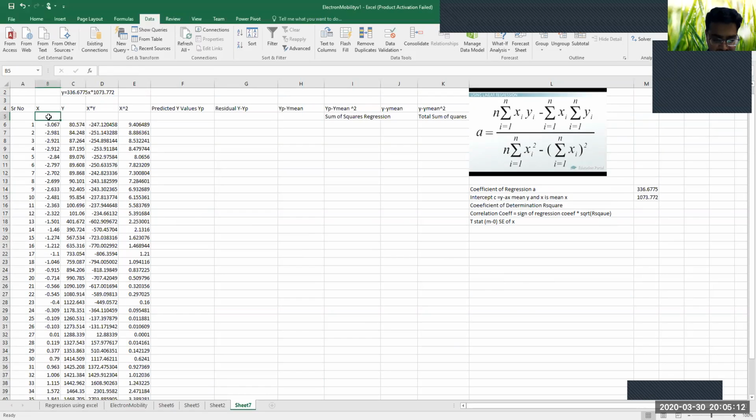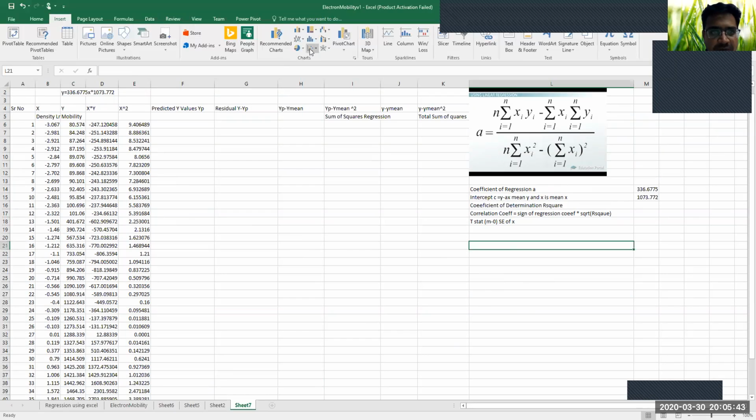Now we'll put the regression plot here, the first regression plot, which is an xy scatter plot of density versus mobility. So insert a chart. Insert a scatter plot from here.